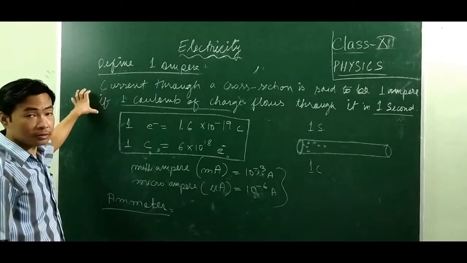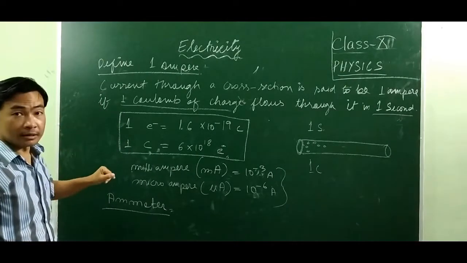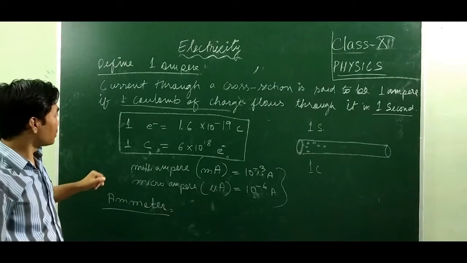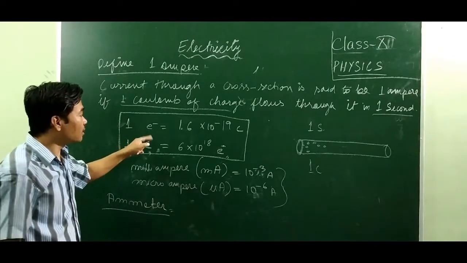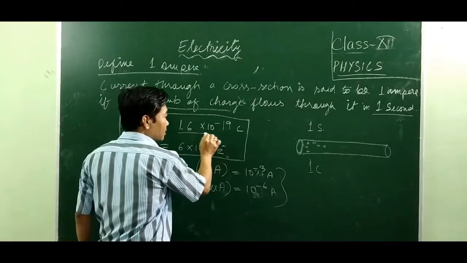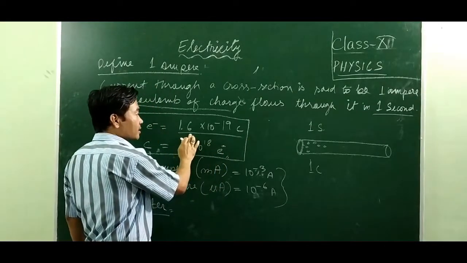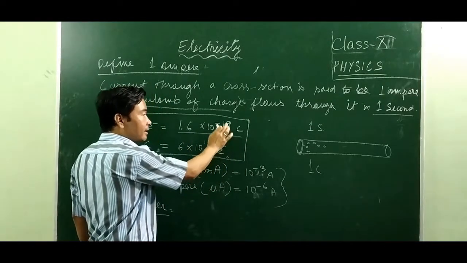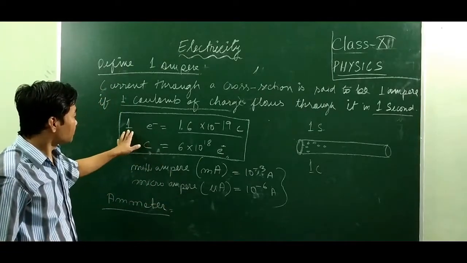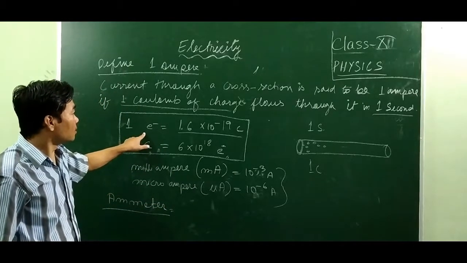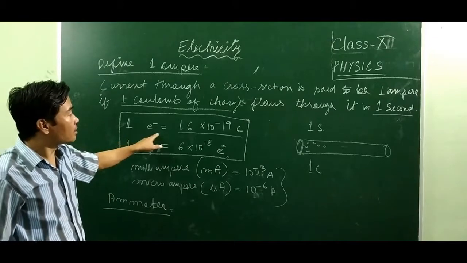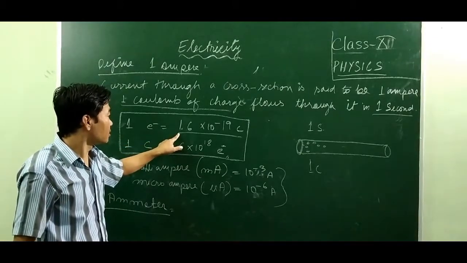Okay, you can write down this definition, and some points to remember: the charge of 1 electron, we already learned in the previous class, is 1.6 into 10 to the power minus 19 coulomb. This is the magnitude of the charge.